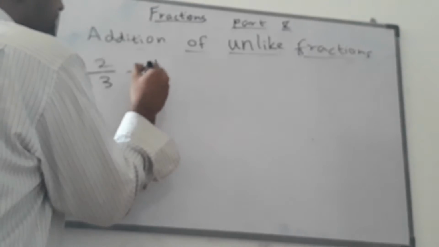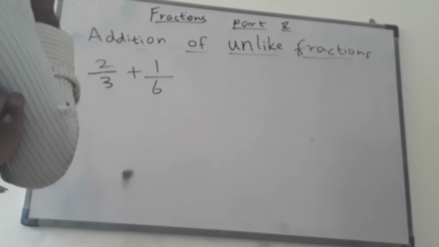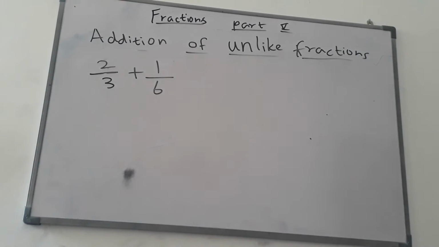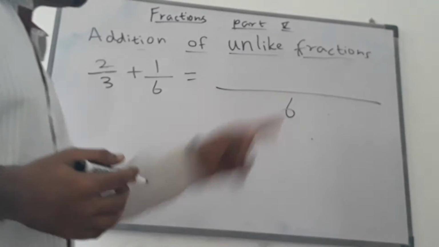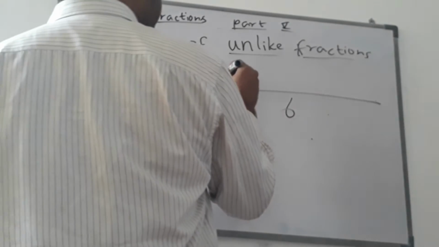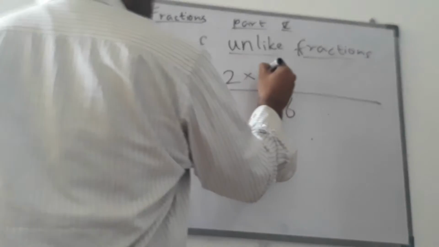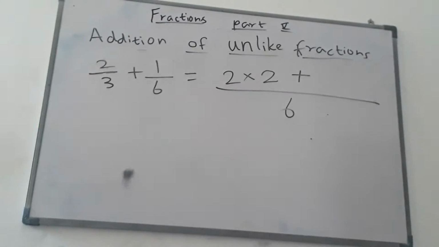2/3 plus 1/6. How can we do this? Here also 6 is a multiple of 3. As 6 is a multiple of 3, we can make 6 the common denominator. Then we check how many 3's are there in 6. 3 times 2 is 6, and we multiply this 2 by the numerator. 2 times 2 plus, how many 6's are there in 6? 1.